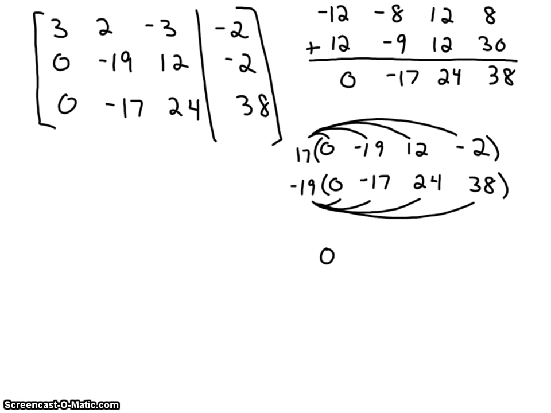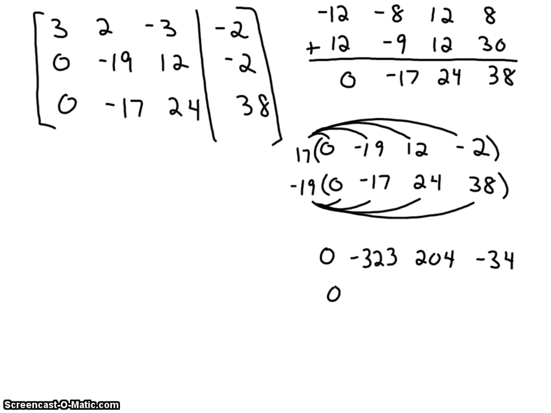So that will remain 0, which is really nice. 17 times -19 is -323. 17 times 12, 204. 17 times -2, -34.